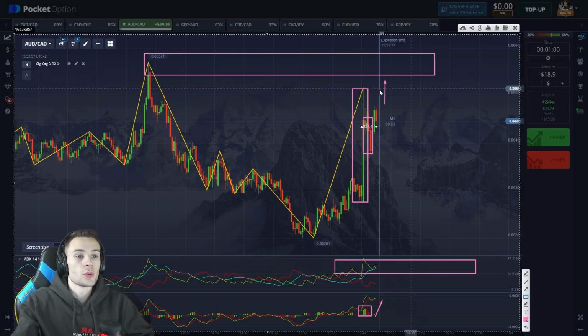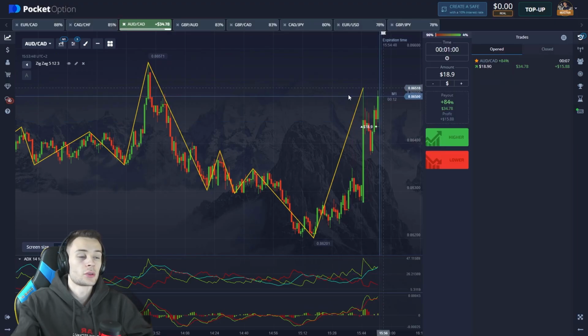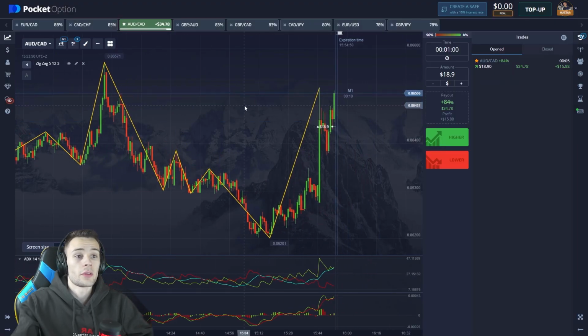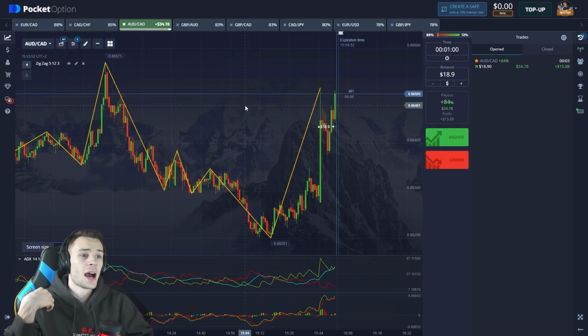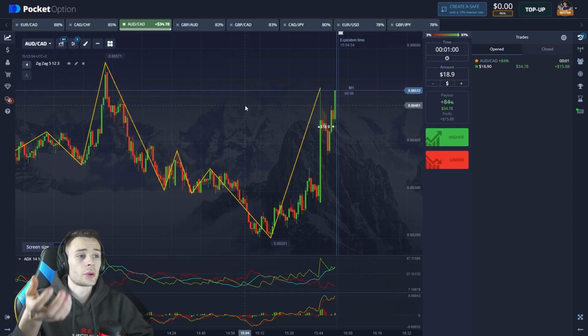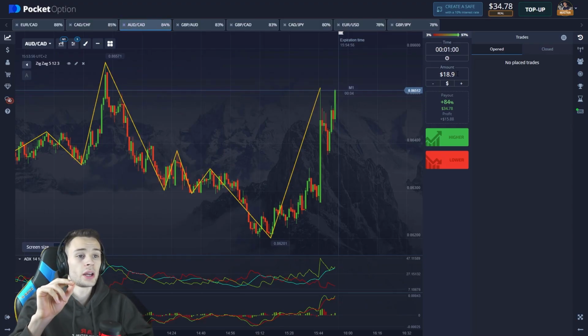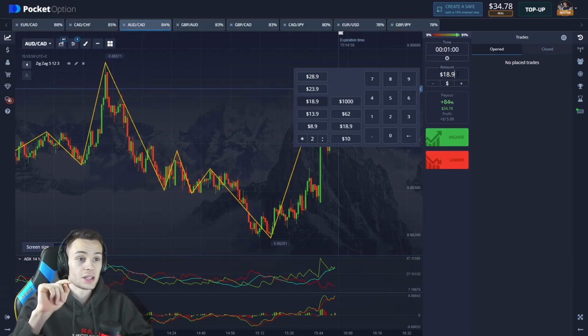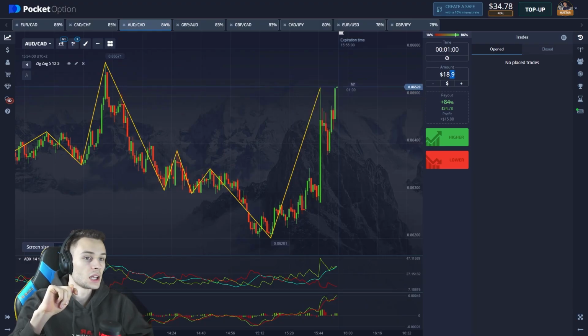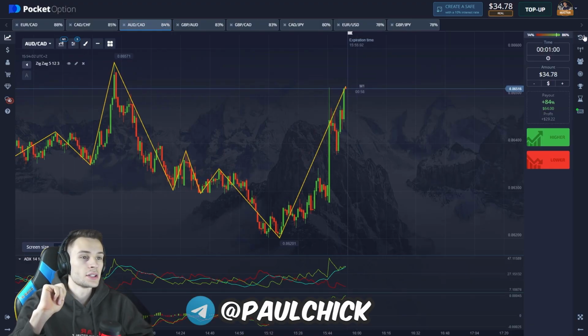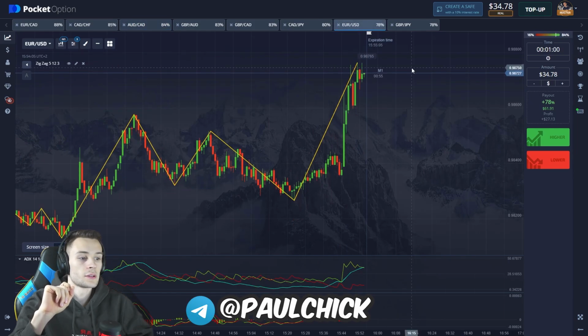We should also point out the resistance zone here, and the price is trying to reach it now. Meanwhile, there's a nice breakout exactly as I predicted, guys. Really a good trade entry, and we are in profit here. Let's update the trade amount and continue our trading session.